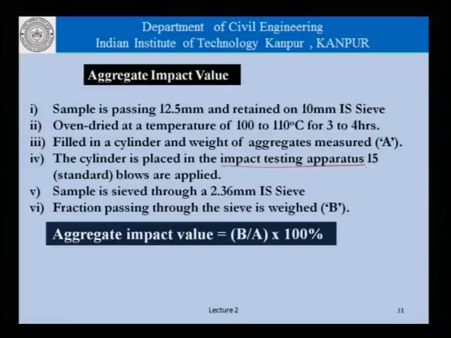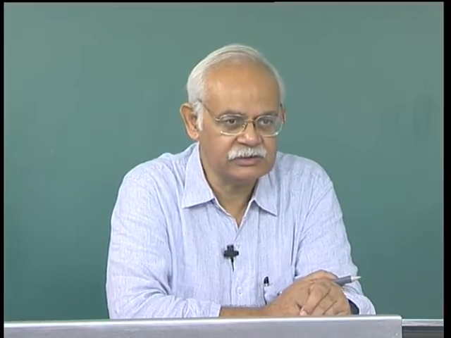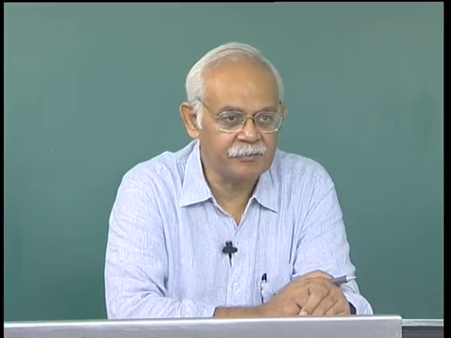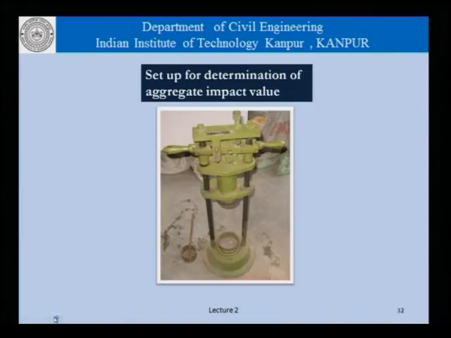The sample is sieved through a 2.36 mm sieve, and we determine the fraction of the aggregates that pass through the sieve, and we get the aggregate impact value in terms of B by A.